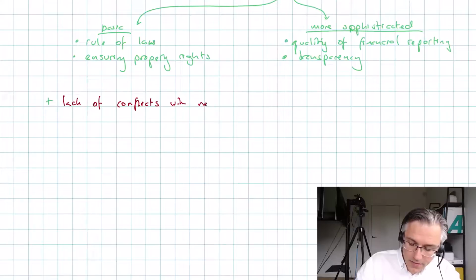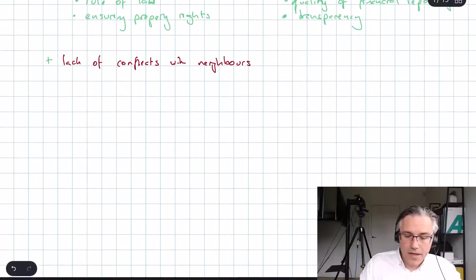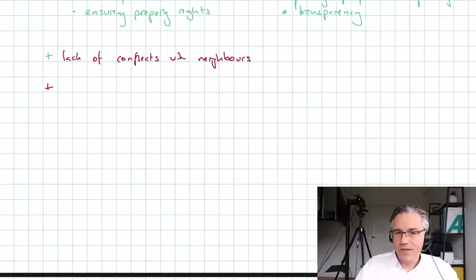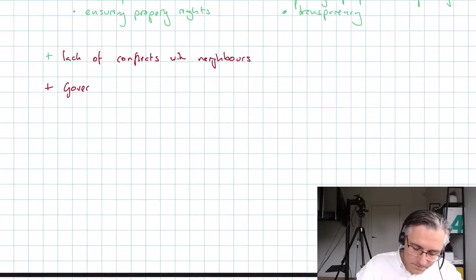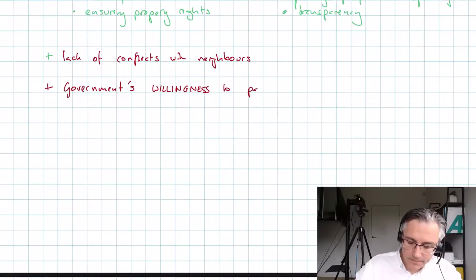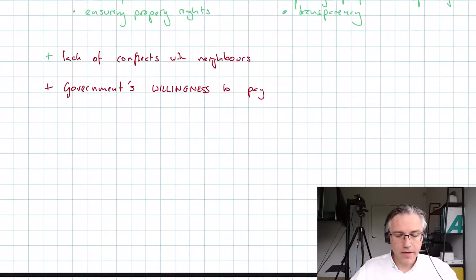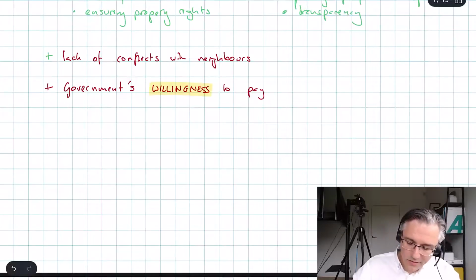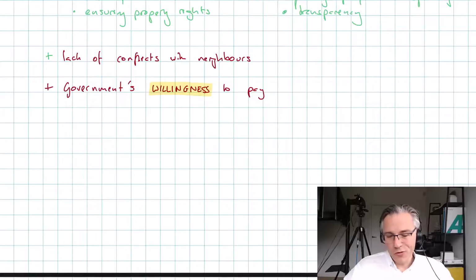I mean neighboring nations, but also, very importantly, if you're going to buy public debt or sovereign debt, the government's willingness to pay back on its promises, to pay back on its debt. How likely is the government to not just be able to pay, but want to pay?